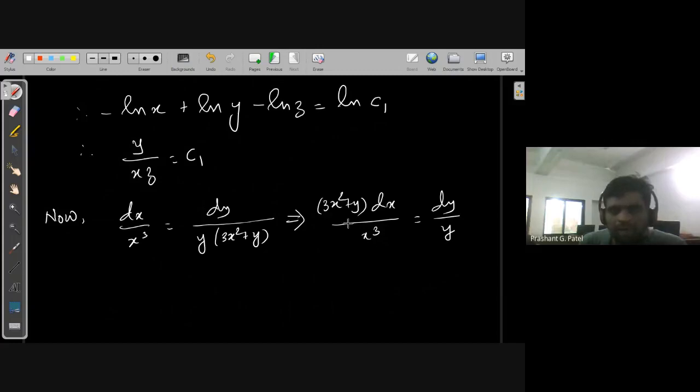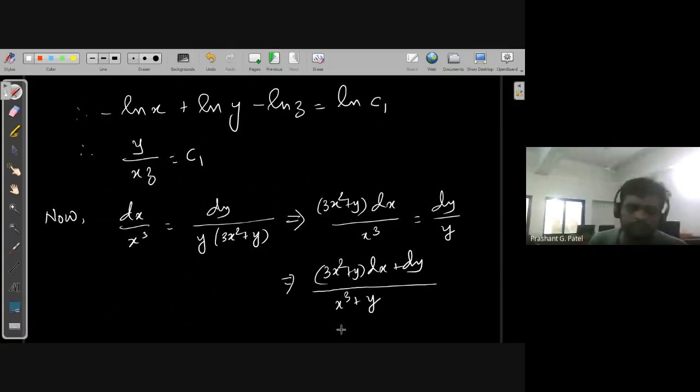And if I take the addition of these two, it is 3x square plus y dx plus dy upon x cube plus y. So 3x square, we don't have any problem. If I take the integration of 3x square, we don't have a problem. dy independently, no problem.